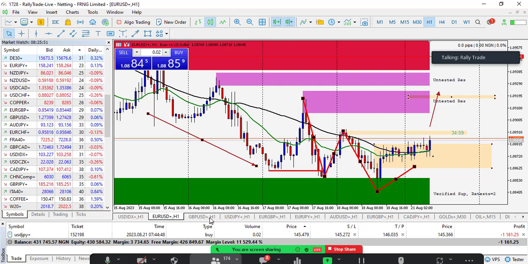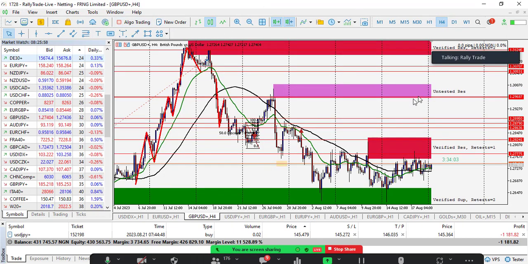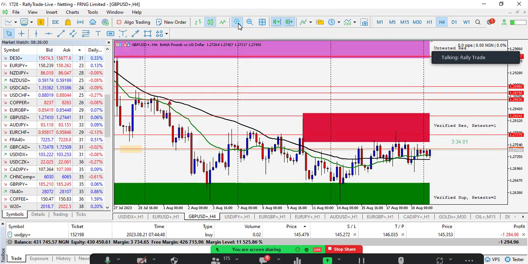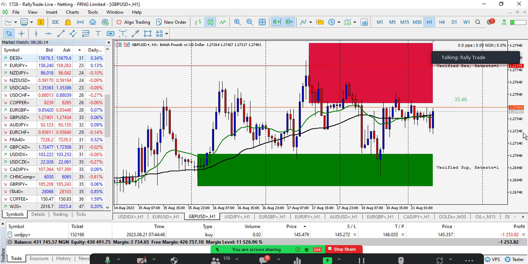So guys, GBP/USD is very fast. On GBP/USD, I would like to look at what the big money is looking at. I'll switch over to the H4 time frame. On the H4 time frame, this instrument has been almost trading sideways. One thing you want to do is make sense out of the chart.